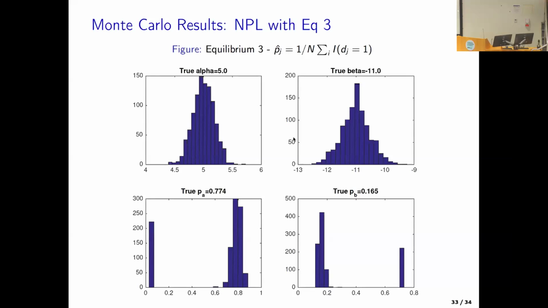They provide a very good approximation of the CCPs. And then you're going to be close to something. The additional gain of doing maximum likelihood is going to be smaller, and the additional gain of doing NPL would also be smaller, right?